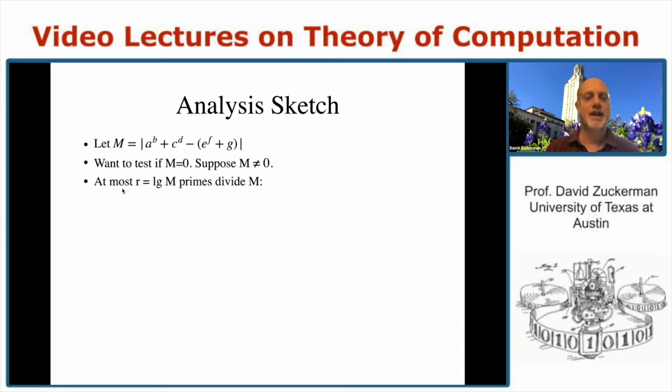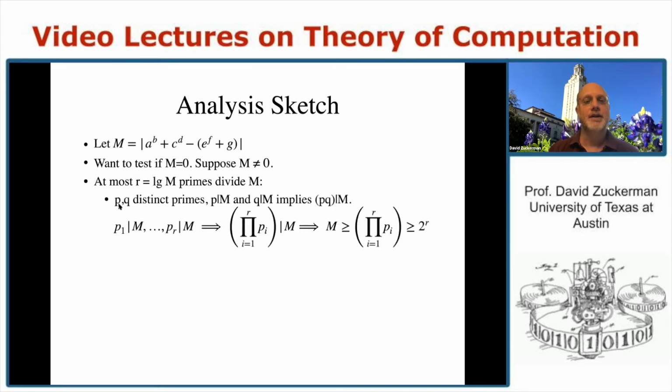So the key claim is that there aren't too many primes that divide m. In fact, there are at most log m primes that divide m. Why is that? Well, if p and q are different primes, both dividing m, then their product divides m.